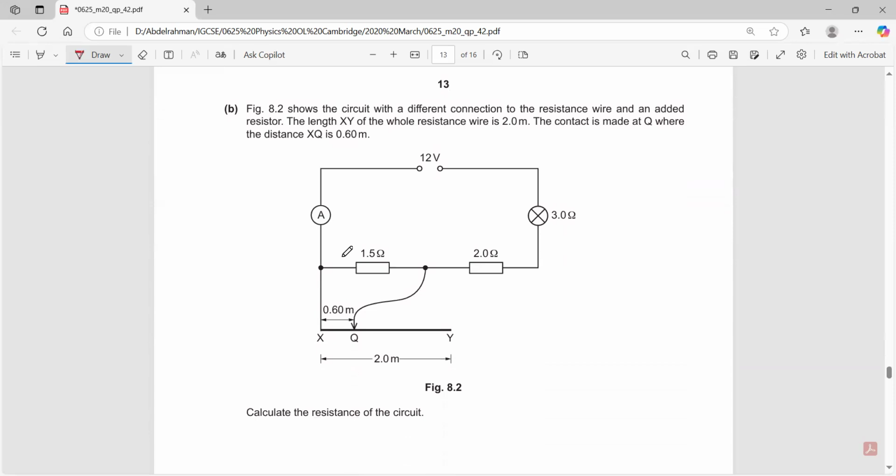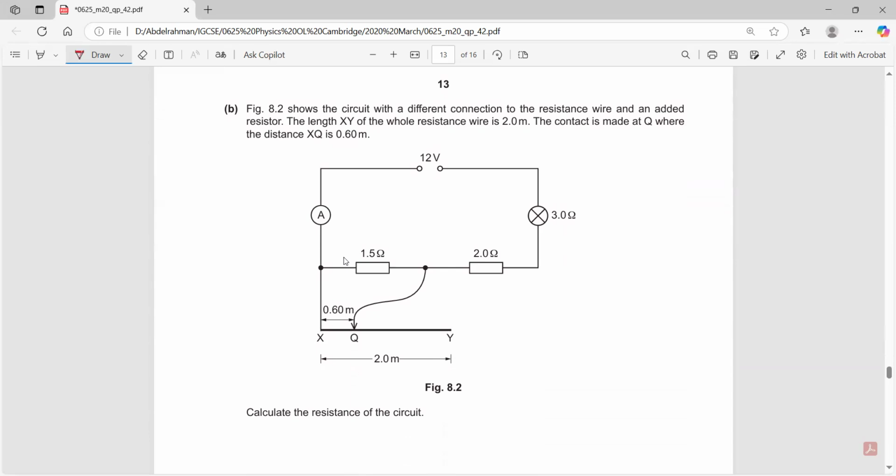In figure 8.2, now, some things have changed in this figure. What has changed? We added a 1.5 ohm resistor parallel to this resistance wire, right? But this resistance wire isn't at full length now.